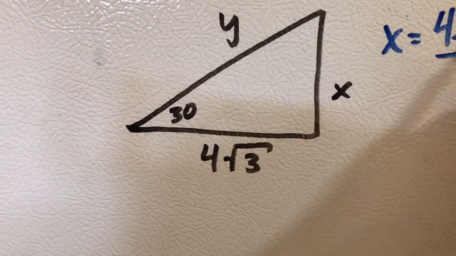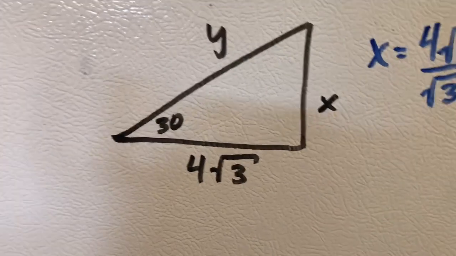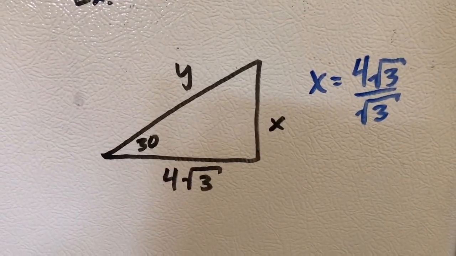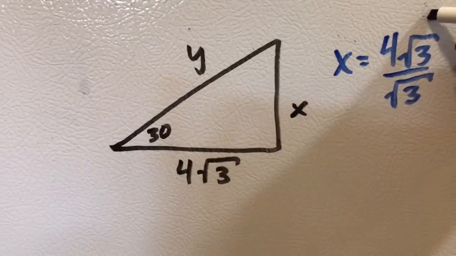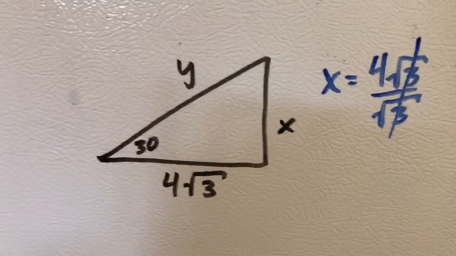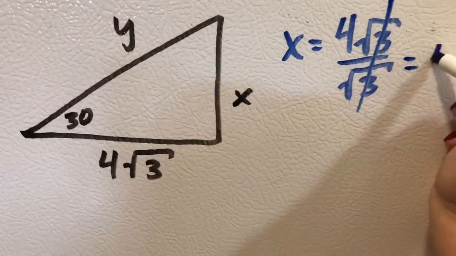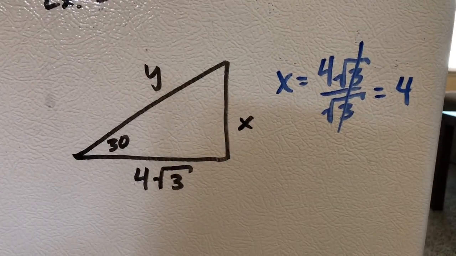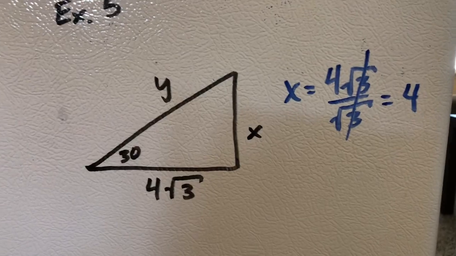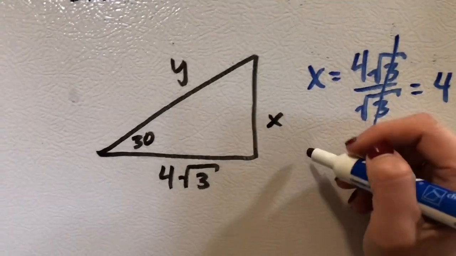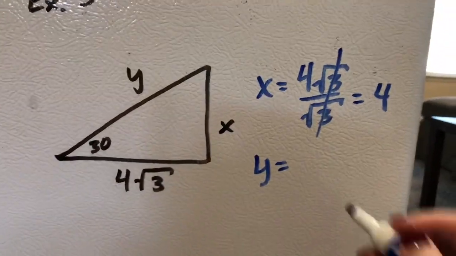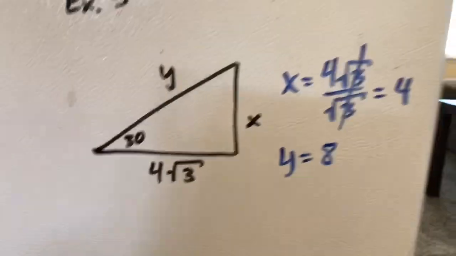And this one is really nice because when I go to divide by radical 3, I notice, oh hey, they both have radical 3 in them, and radical 3 divided by radical 3 is just 1. So I end up with this 4 times 1, which is just 4. So there's my x, my short leg. And then now that I have my short leg, my long leg is just going to be 4 times 2. It's going to end up being 8.